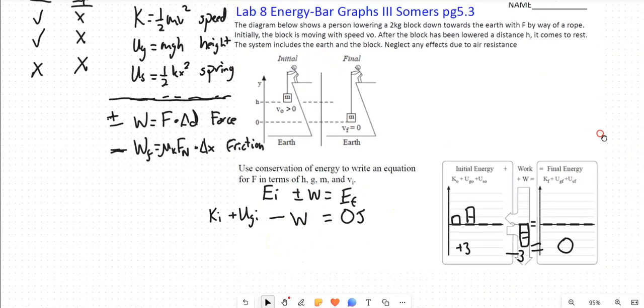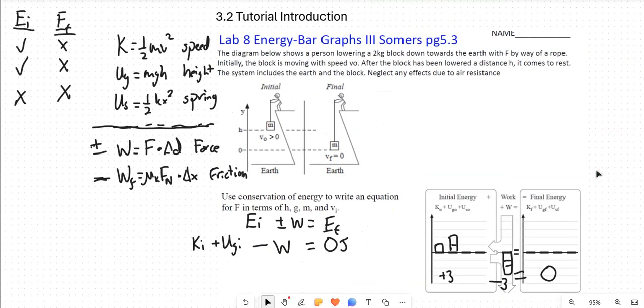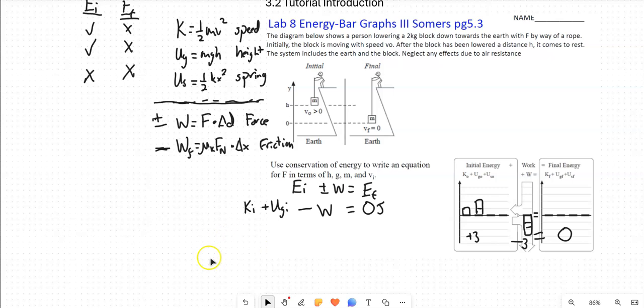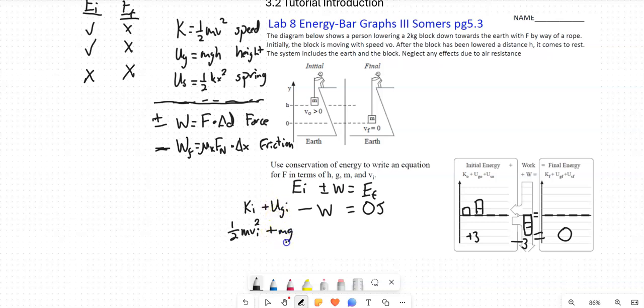Okay. So again, if you're having a hard time with that, please watch the 3.2 tutorial. But let's continue on. So this kinetic energy right here, anywhere you see a K, you put a 1/2 mv squared. The i gets tagged onto that. Everywhere you see a U sub G, you put an mgh.